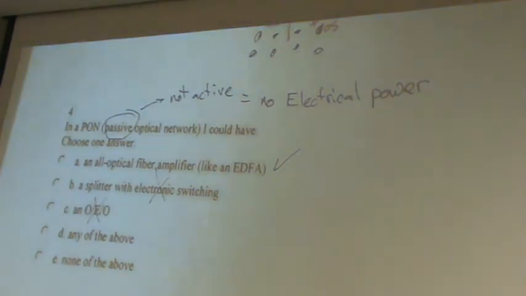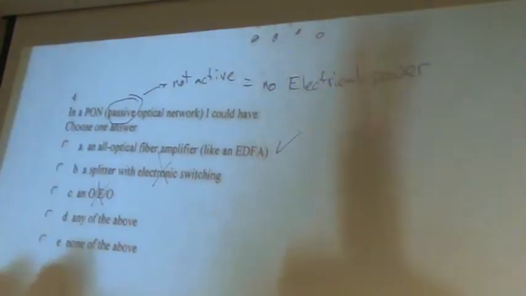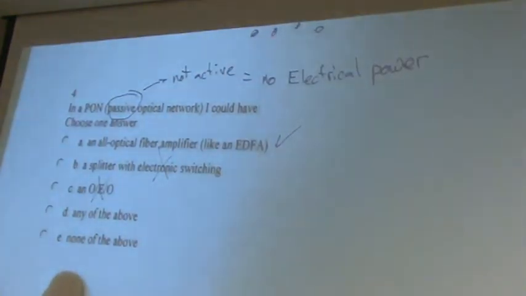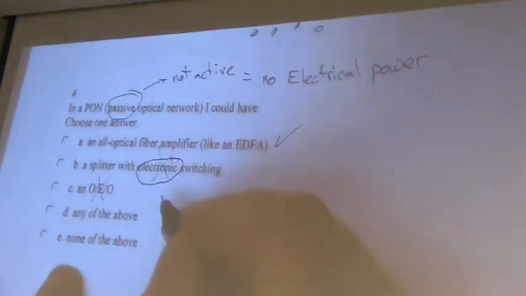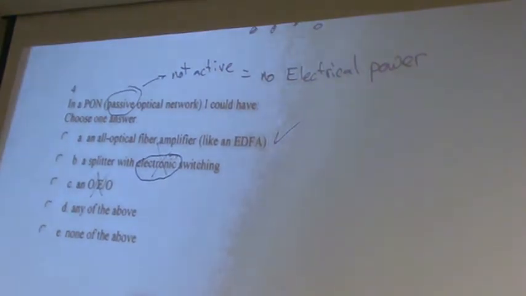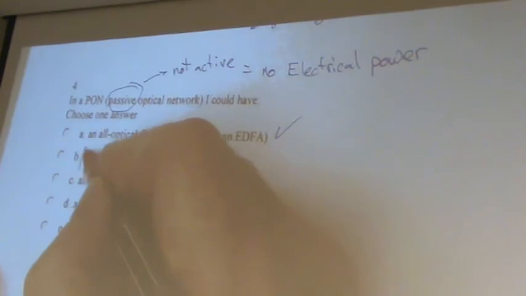What's wrong with the splitter? Good. Nothing would be wrong with a splitter, but one that has electronic switching in it. That's the key. Something like a router or something that has signal processing in it. But yes, excellent point. This by itself would be okay.